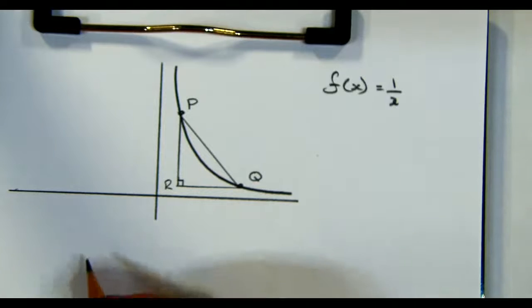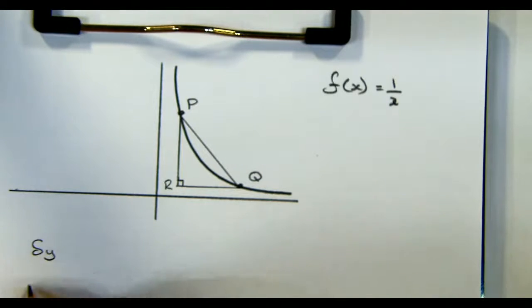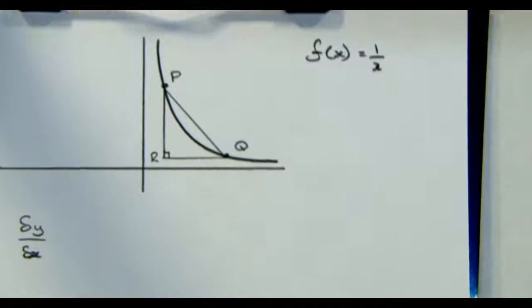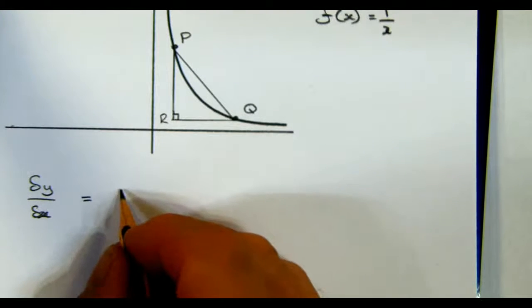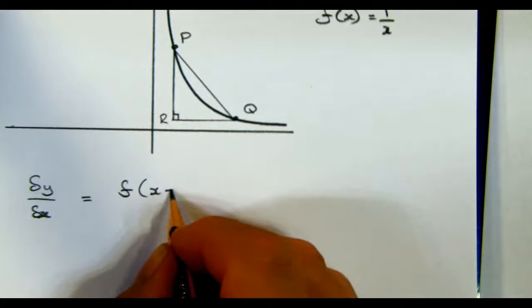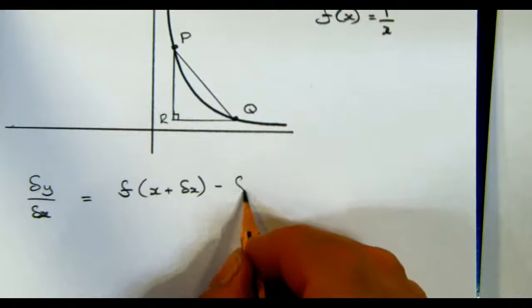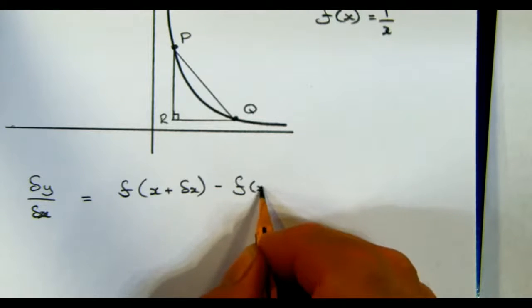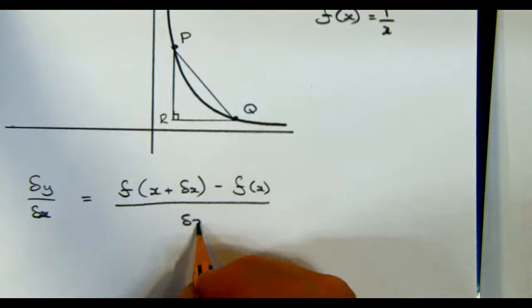So let's see what we can do. We know that delta y over delta x is going to equal my function of x plus delta x minus my function of x all over delta x.